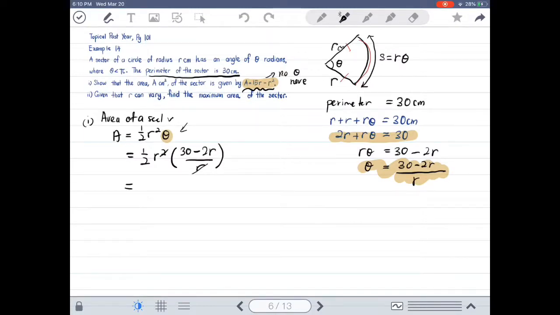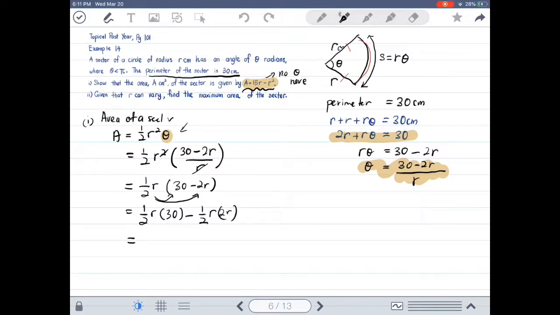So if you open the bracket, it will be 1 over 2 r times 30 minus 2r equals 1 over 2 r times 30, minus 1 over 2 r times 2r.